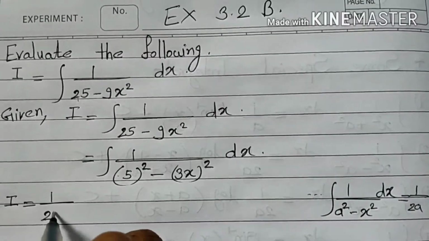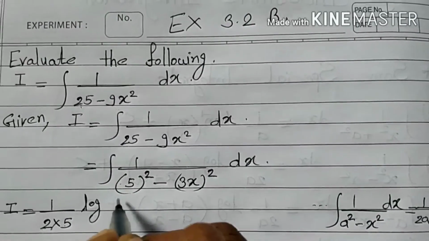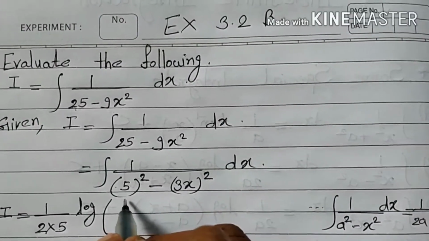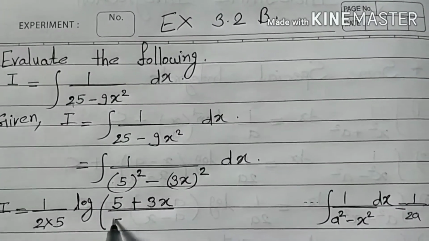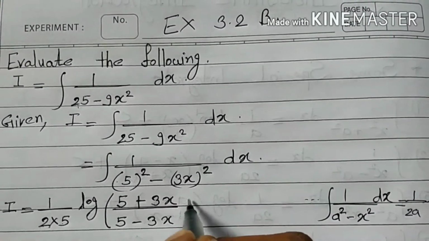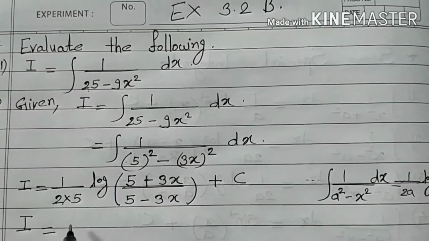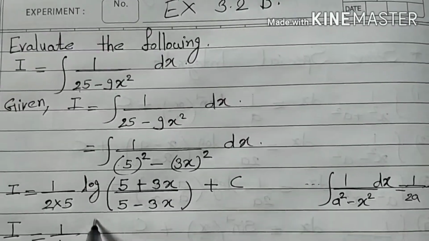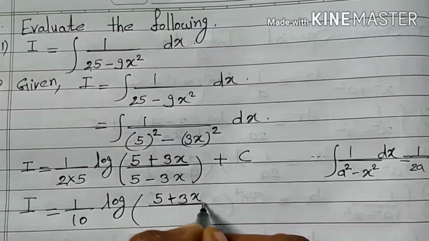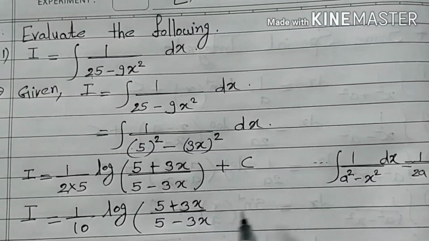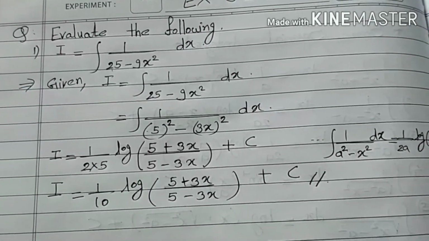Here a is 5, so 1 upon 2 into 5 log. Now a plus x: a is 5 plus x means 3x, and here 5 minus 3x plus c. So our answer is 1 upon 10 log 5 plus 3x upon 5 minus 3x plus c. So this is your answer.